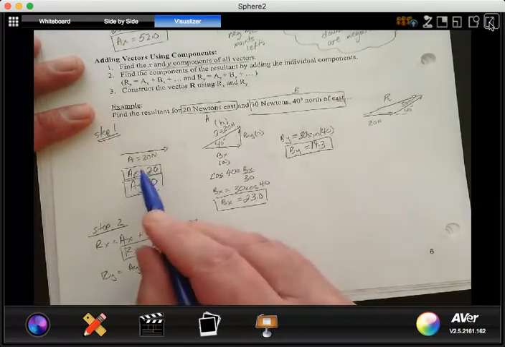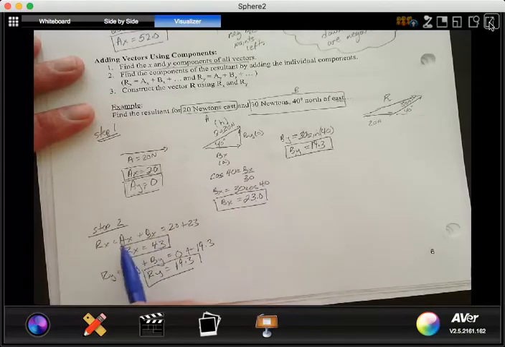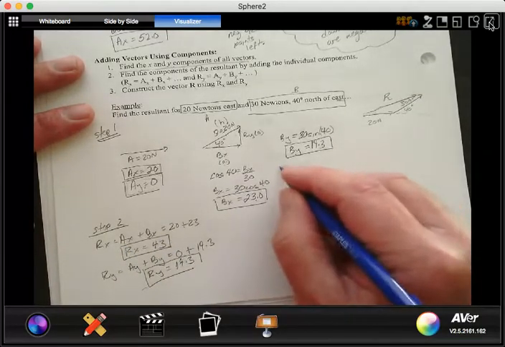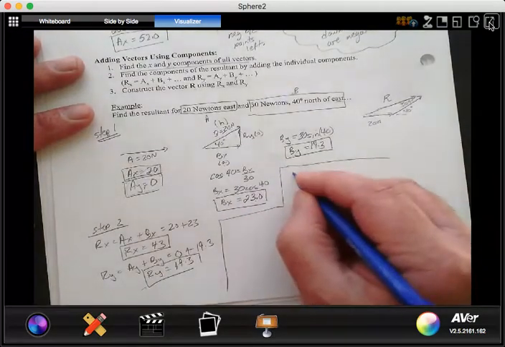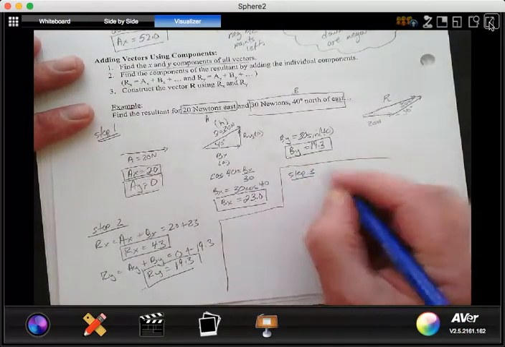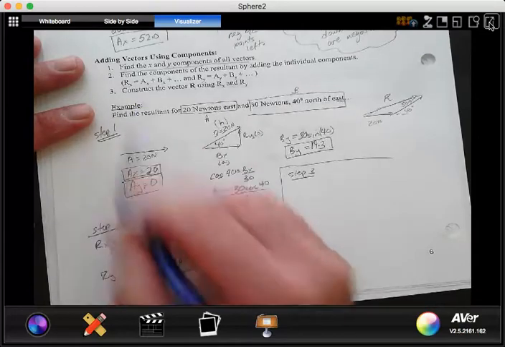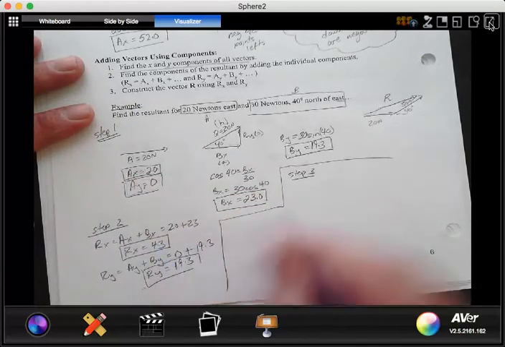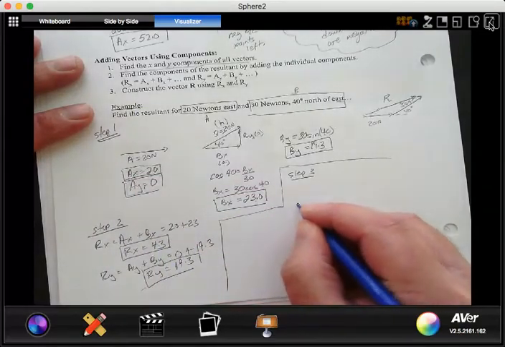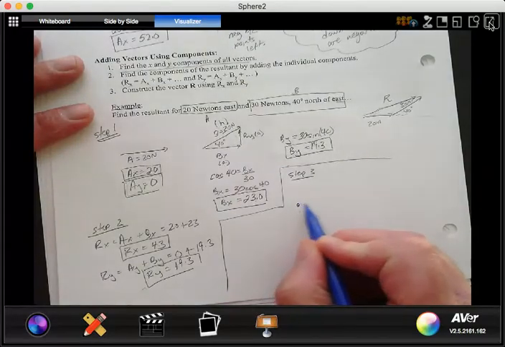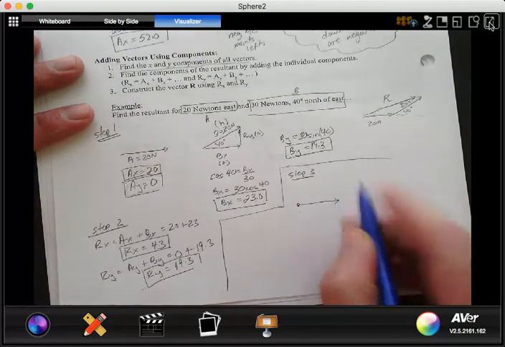So the first step was find all of the components. Second step, add the x components and add the y components. And our step 3 is to make R from those two. Well, Rx is positive 43, so I just make an origin. And I always go the x direction first. And it's positive 43, so I would go that way, 43.